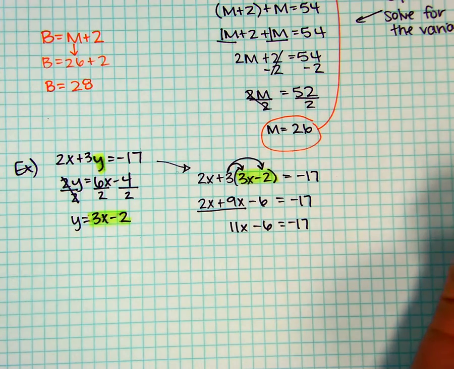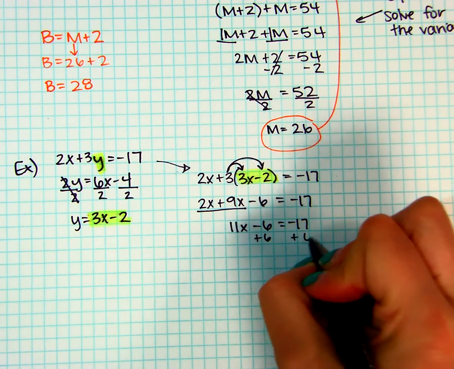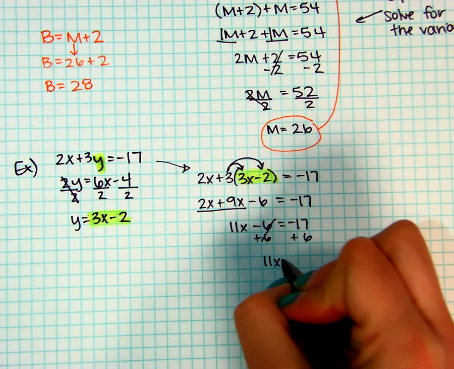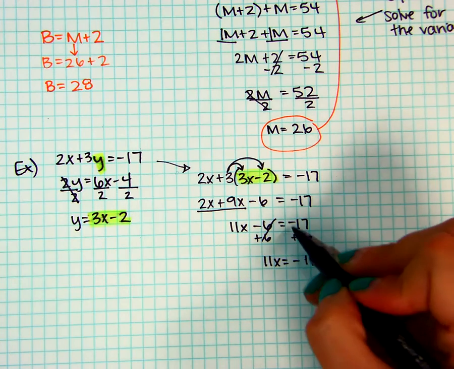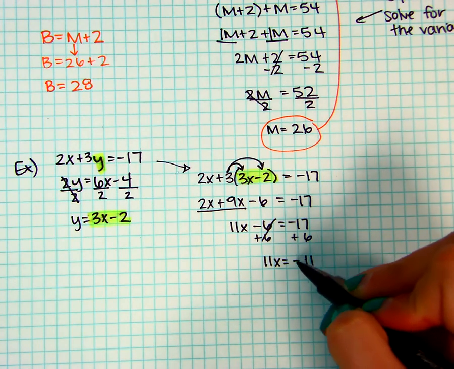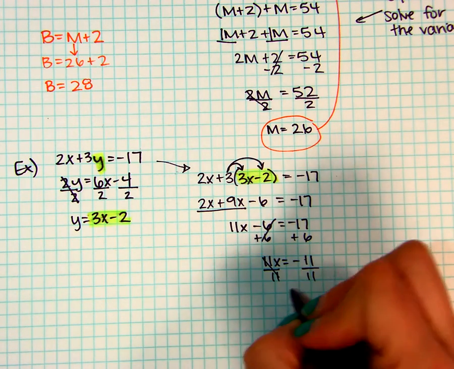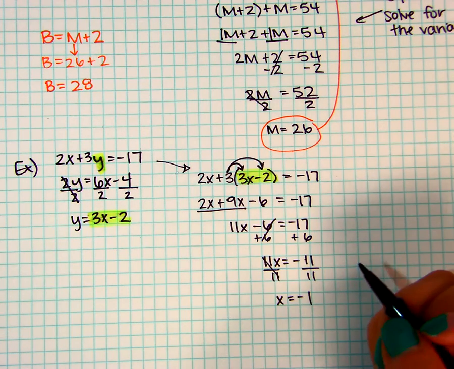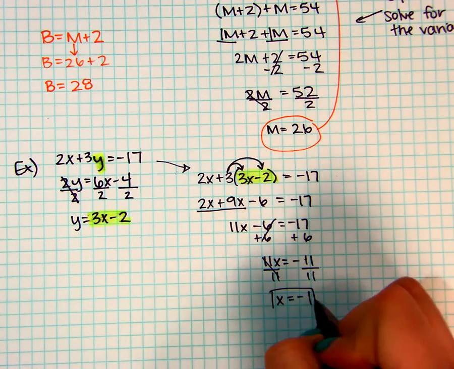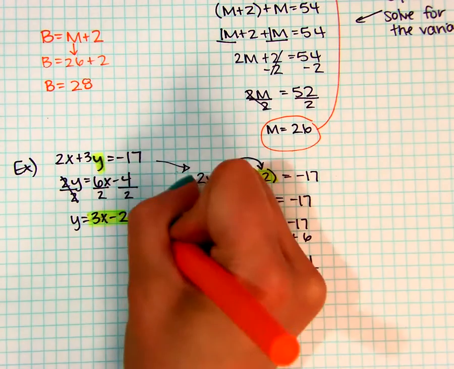And now I'm going to do inverse operations. So if we add 6, 11x equals negative 11. Opposite signs, we subtract, keep the sign of the bigger number. Divide by 11, we get x equals negative 1. Now, I'm going to come back over here, and this x is going to get plugged in to this equation.